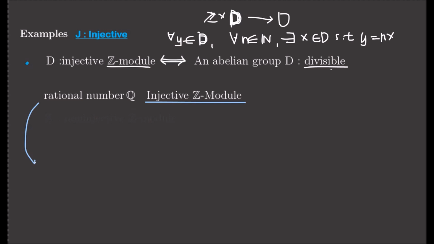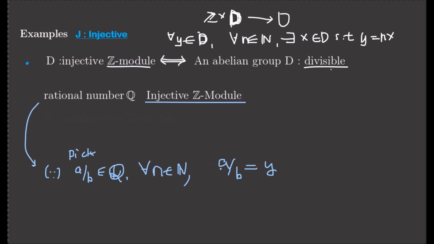First, pick a over b in Q. Then for any n, we can find y such that a over b is equal to ny. We can always construct y.